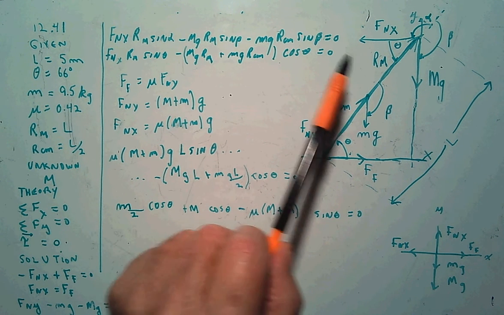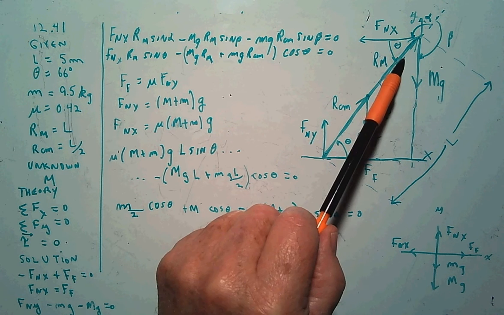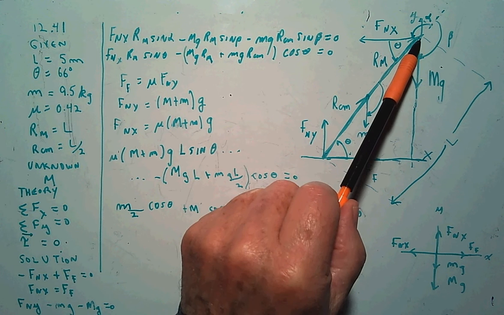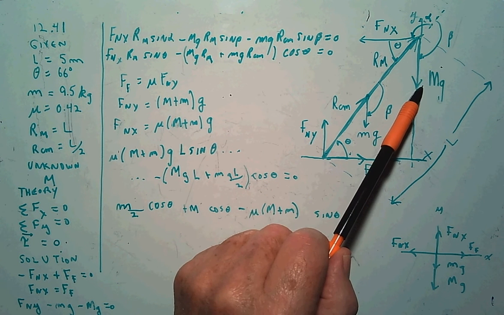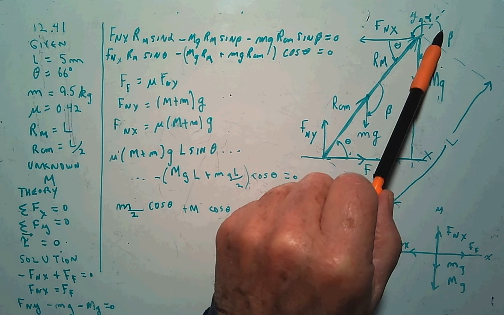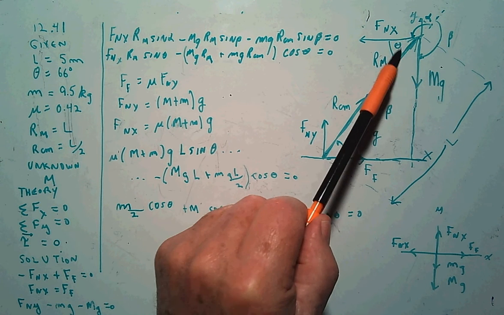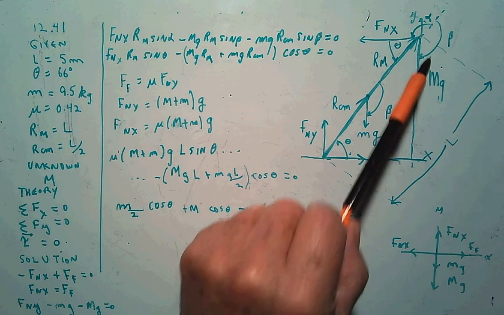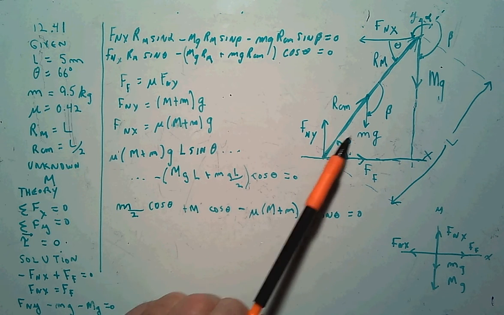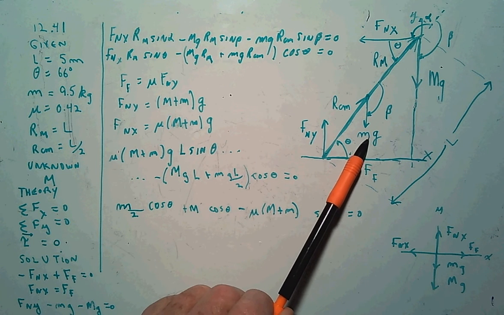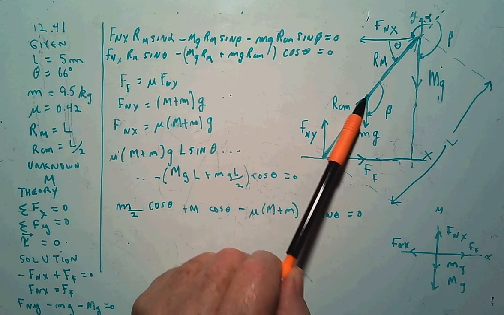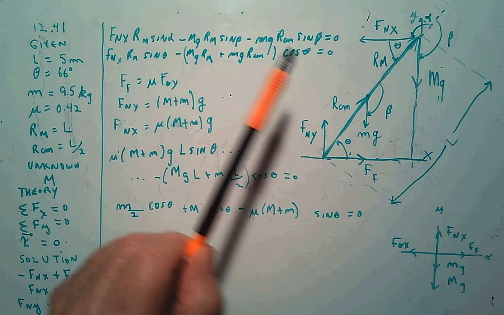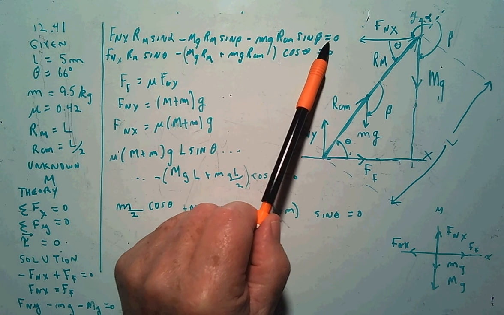Then you have the large mass here, which has a torque equal to the distance from the origin times its magnitude, mg, and then times the sine of this angle. Here's the angle between r and mg. This I call angle beta. And likewise, the center of mass of the ladder, mg times rm, there's its distance. The angle between those two is beta also, so I multiply by the sine of beta and set all that equal to 0.